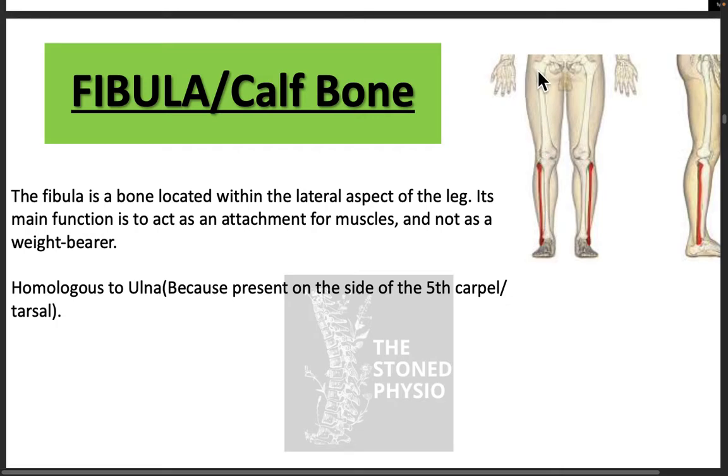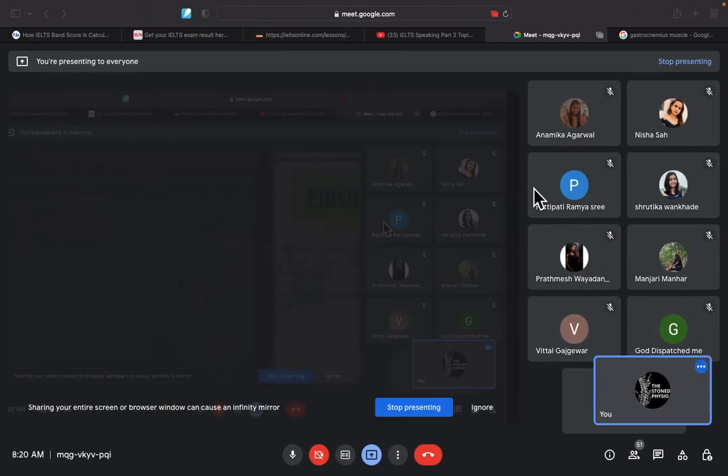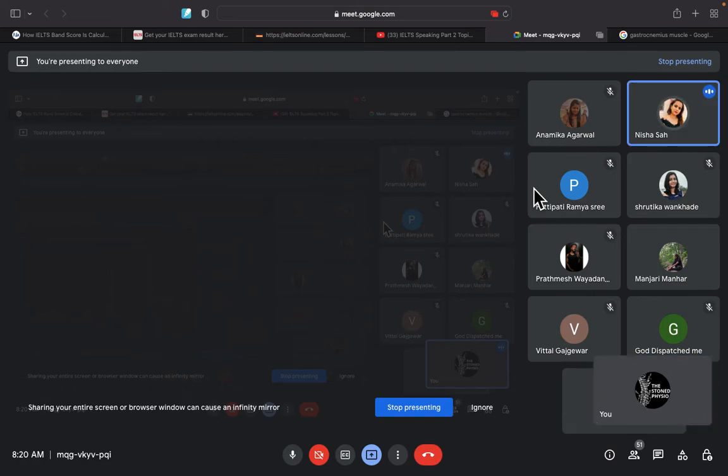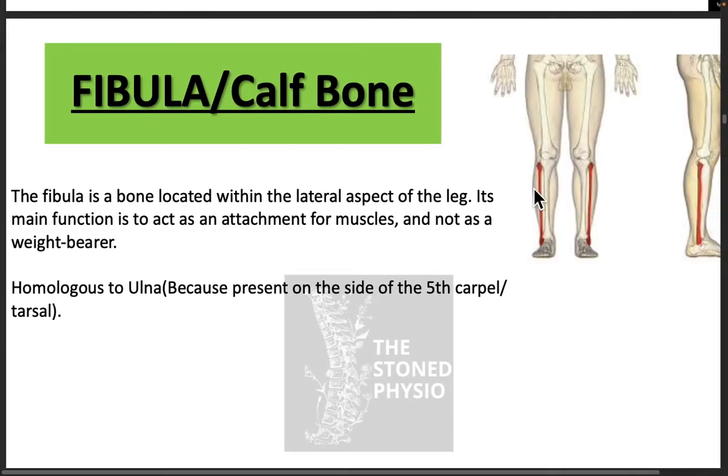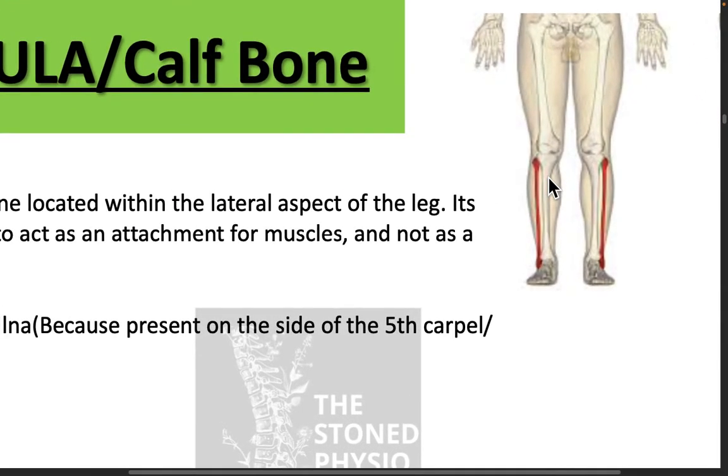Of course, humerus is homologous to the femur, है ना. Okay, and does it bear any weight? The fibula, does it contribute in weight bearing? Oh, it doesn't contribute in the weight bearing. It provides a site for muscle attachment. We can see there are various muscles which are attached on the fibula.